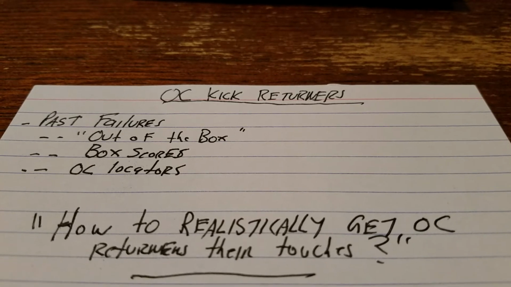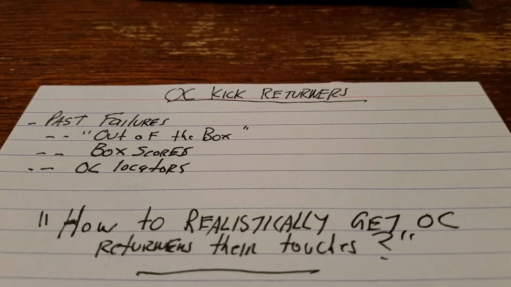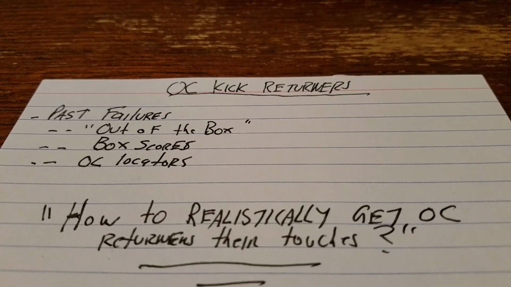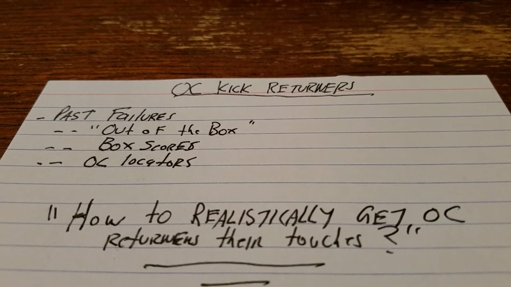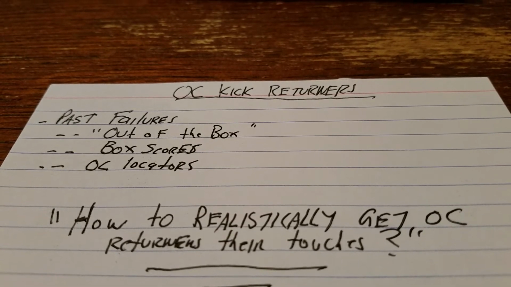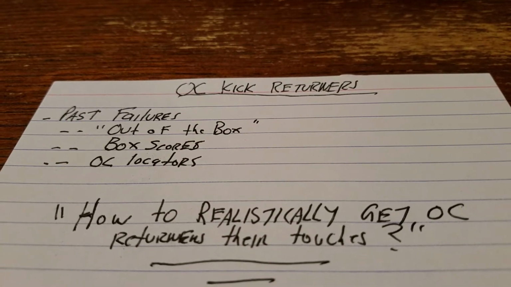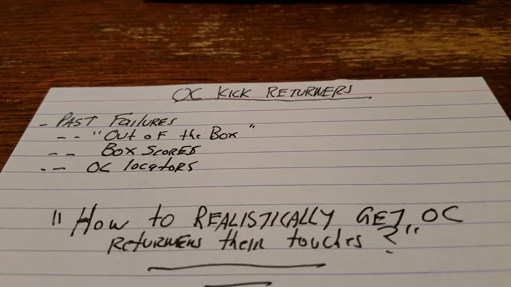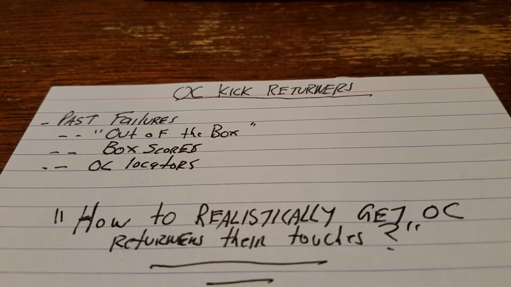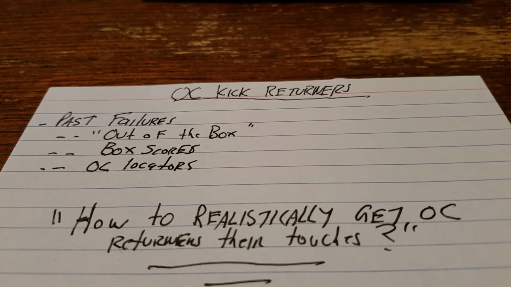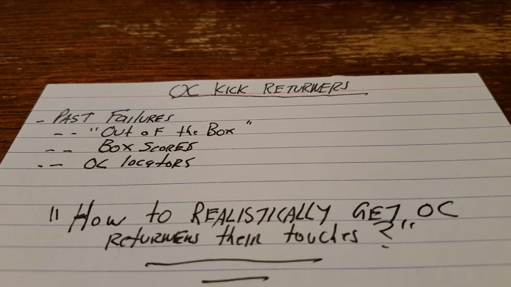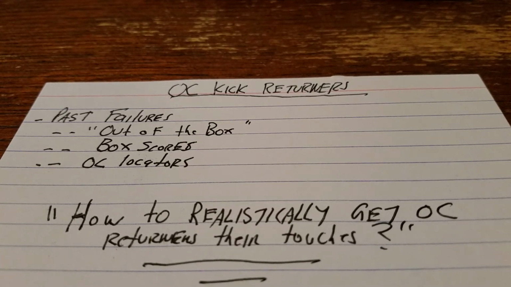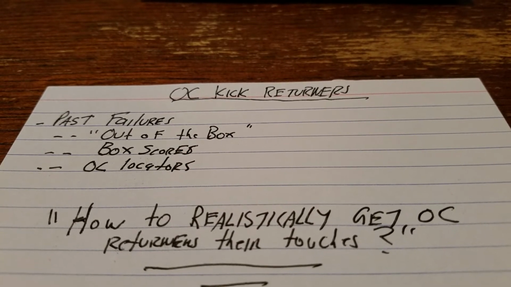Then I went to what I called OC locators, and this is a pretty good way. Any time the position designation code was anything other than '09, '10, or '11, I would say that it was returned by an OC carded player. And what I did then was I made locator numbers, dice roll numbers, to match their actual returns.